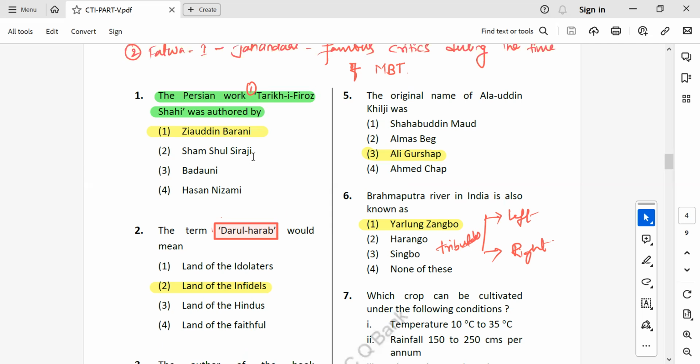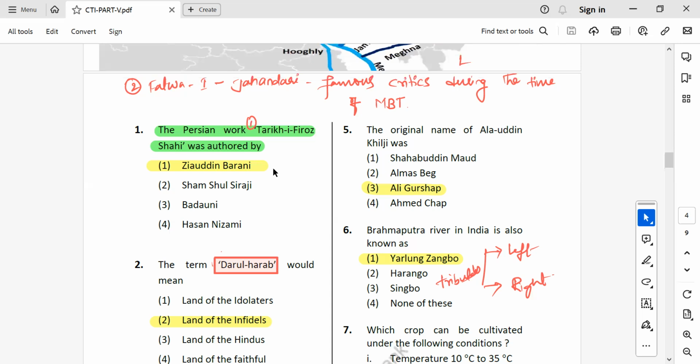Actually, the Tughlaq dynasty was also a part of the Delhi Sultanate, and during the time of Muhammad bin Tughlaq, this Ziauddin Barani was a contemporary, and he was supported, and he was mostly involved in two famous books. Another one is Fatwa-e Jahangiri, where he criticized some of the initiatives of Muhammad bin Tughlaq. So these books we have to remember.